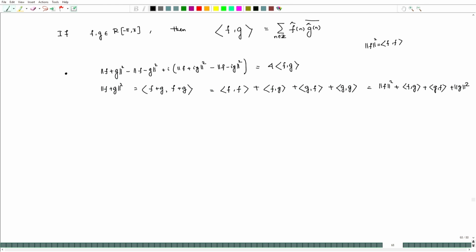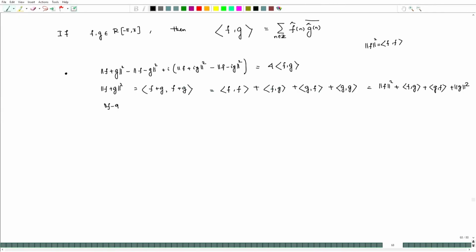Similarly, you expand norm of f minus g squared, which is the inner product of f minus g with f minus g, and the norm of f plus i g is the inner product of f plus i g with f plus i g, and you do the simple calculation.